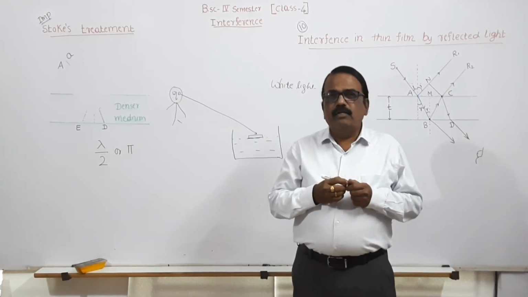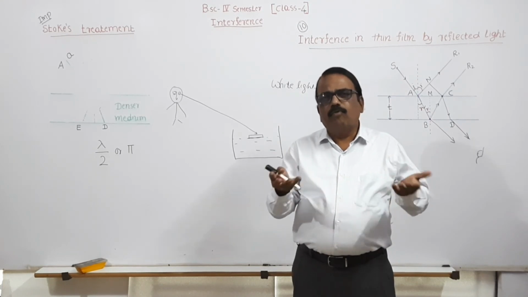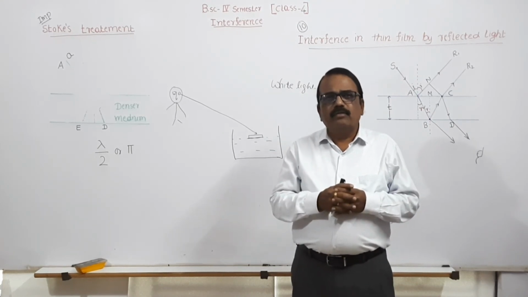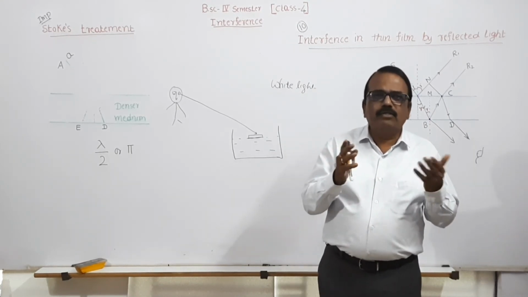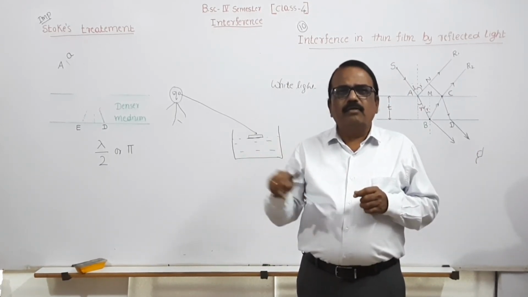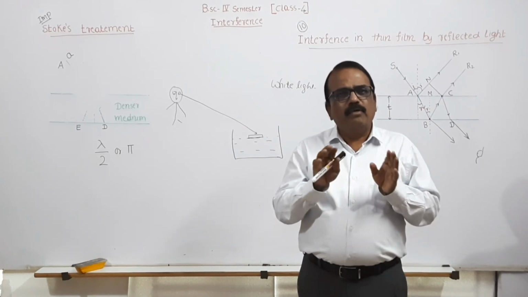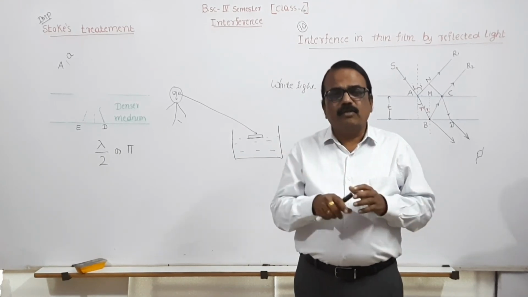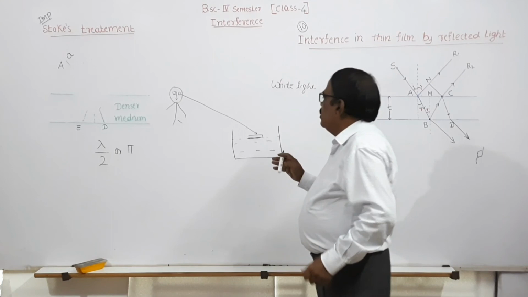What color is observed? Why does this happen? It is simple. White light consists of different colors, and when it falls on the surface of the thin film, different colored rings are produced.